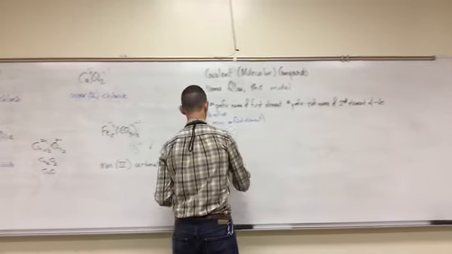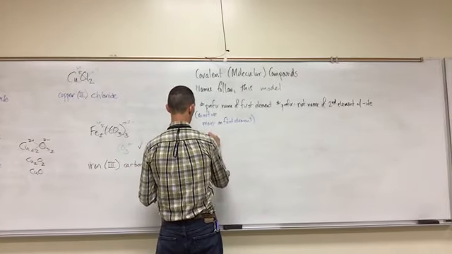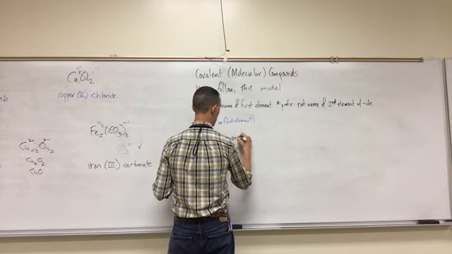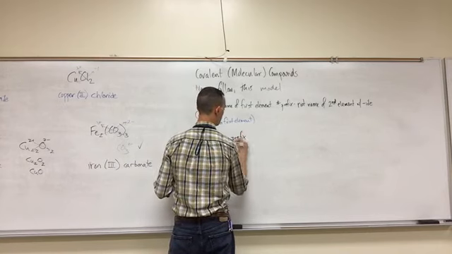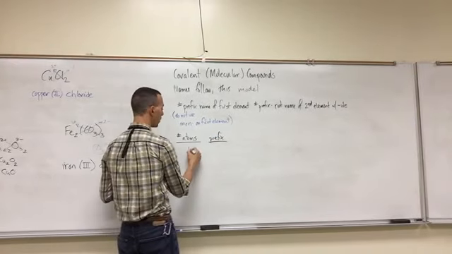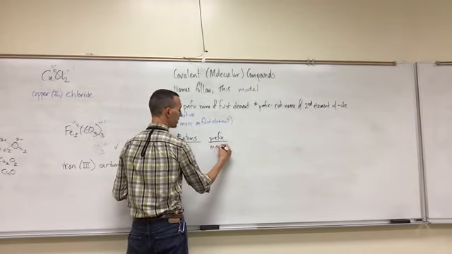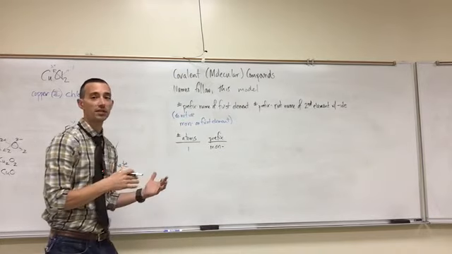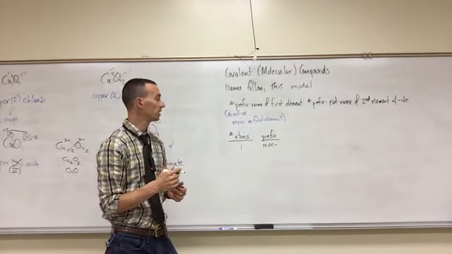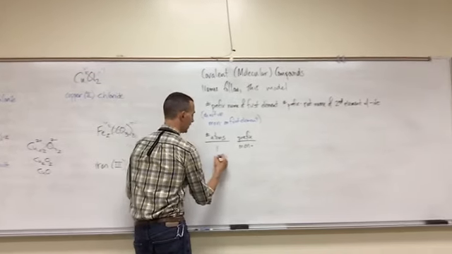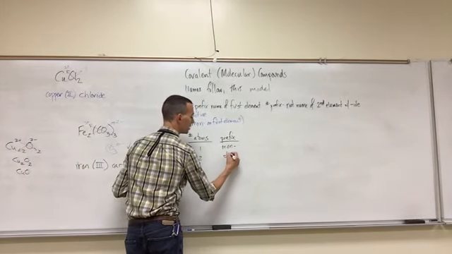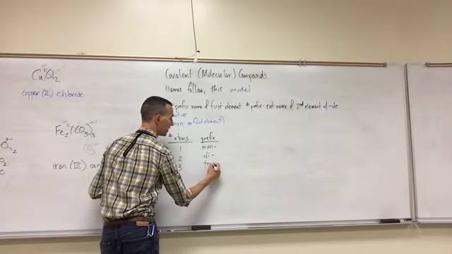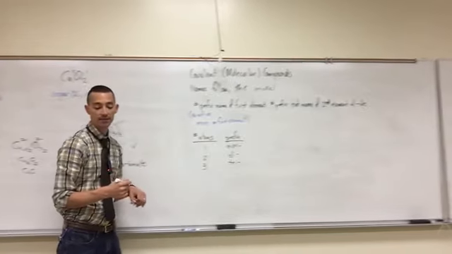So what are these prefixes that we have? If you have one atom, you do use the prefix mono, except, as I just said, on the first element. All right? You wouldn't do that. If you had 2 atoms, you would use di. If you had 3 atoms, the prefix is tri.